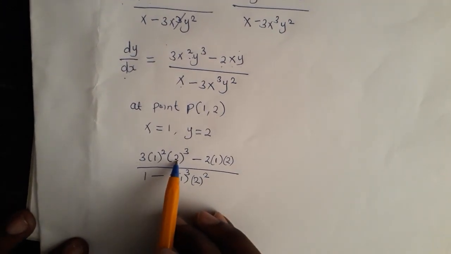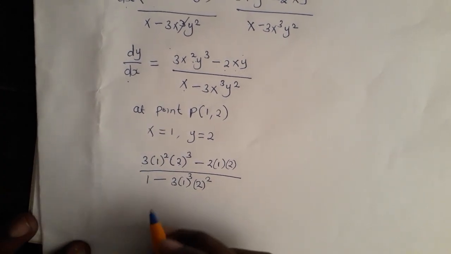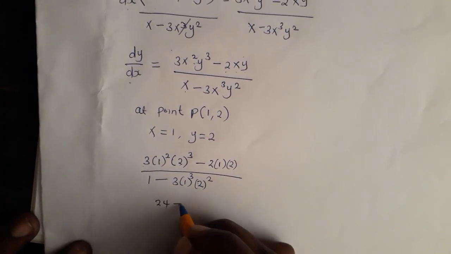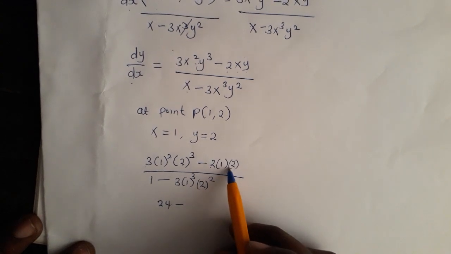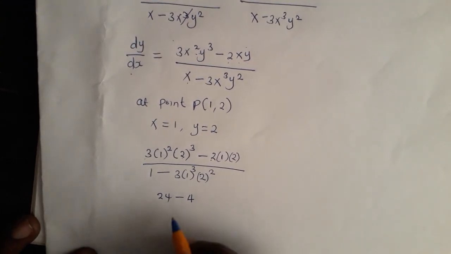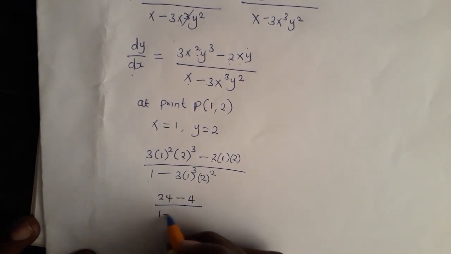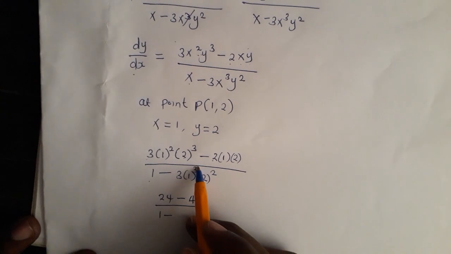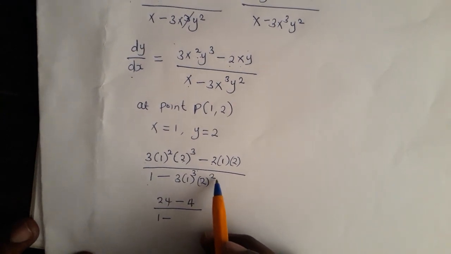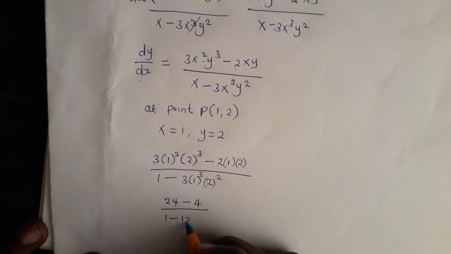So 2 power 3 is 8. 8 times 3, you get 24, minus 4, over 1 minus, 1 power 3 is 1, 2 power 2 is 4, 4 times 3 is 12.